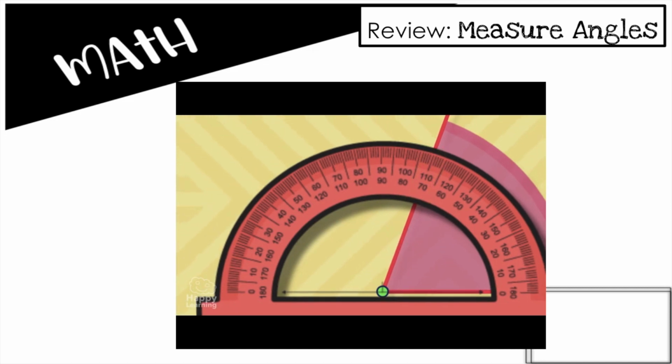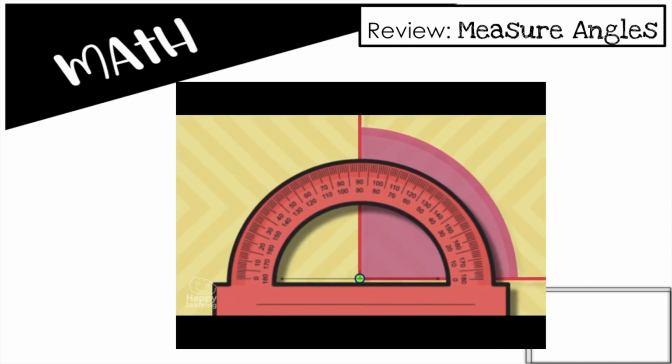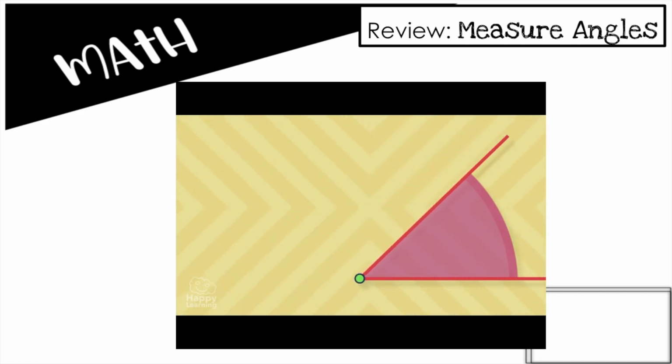Let's practice. We said that a right angle is 90 degrees. Let's see. We'll get the protractor and, indeed, a right angle is 90 degrees. We haven't fooled you, huh? Now, let's measure this angle.